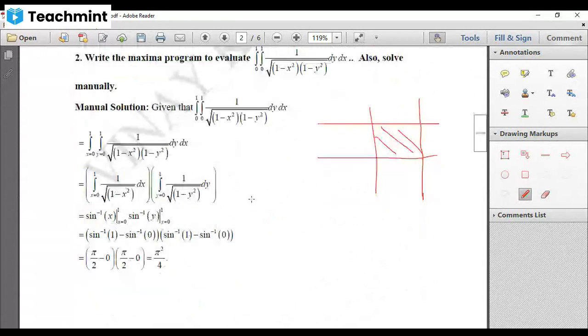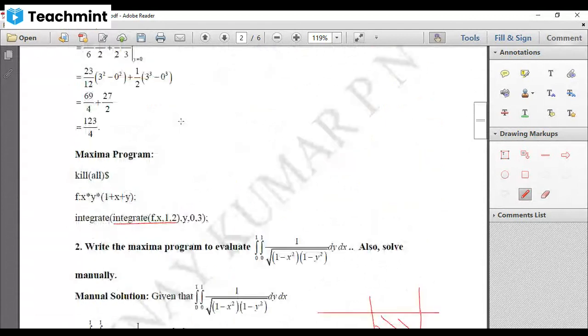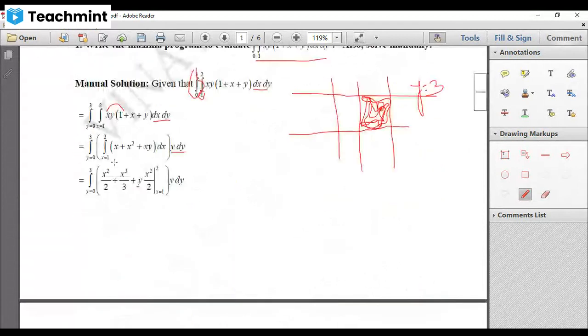But we know that here limits are not dependent on each other, and function is also easily separable. That is, we can group the terms of x with x and y with y so that we can separate them. They are not dependent on each other, unlike here. Here x and y are dependent, they are mixed. It is not explicit function, so this is implicit.